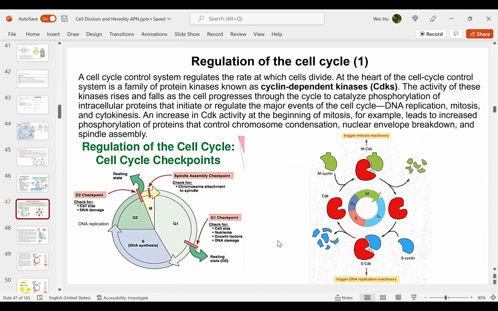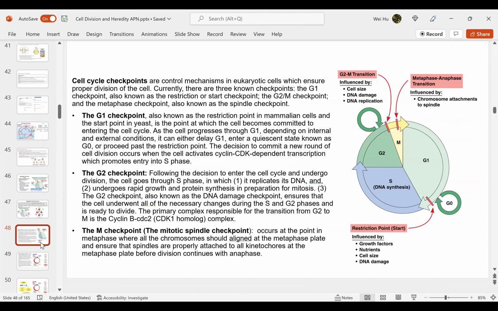So cyclin-dependent kinases are the controller enzymes for the catalytic reaction, and this is how they control. I have some notes you can use to review.